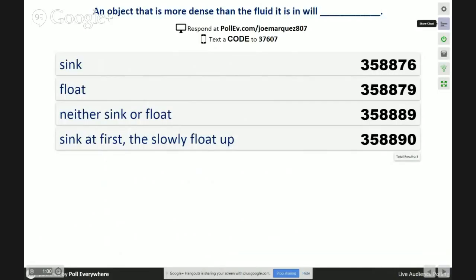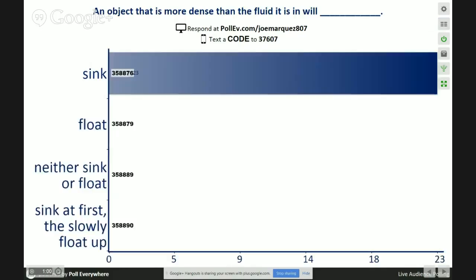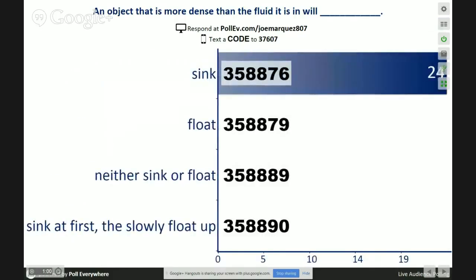What's water's density? 1. If there's an object that has a greater density than 1, what will it do? So any object that is more dense than the fluid it's placed in, because we've learned that not all fluids are the same density. So an object that is placed in something with a greater density will what? Sink. 100%. Awesome. Very good.